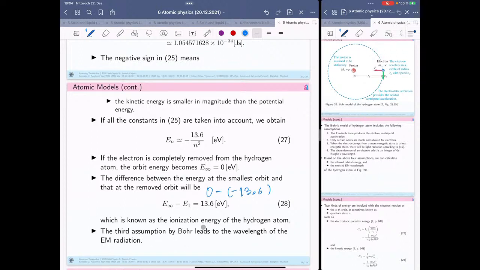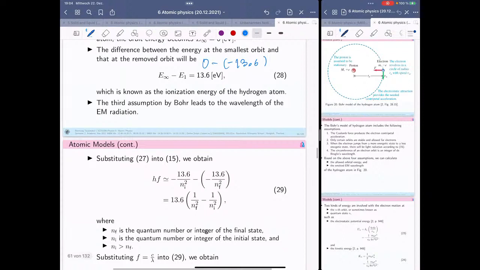The third assumption by Bohr leads to the wavelength of the EM radiation, and we get hf, which is approximated as E initial.